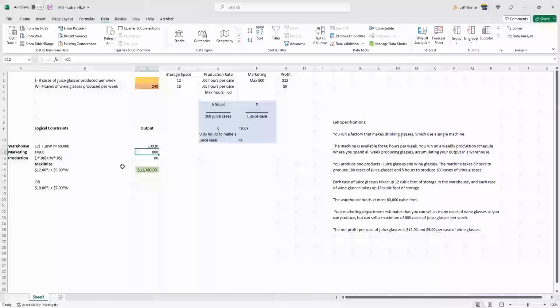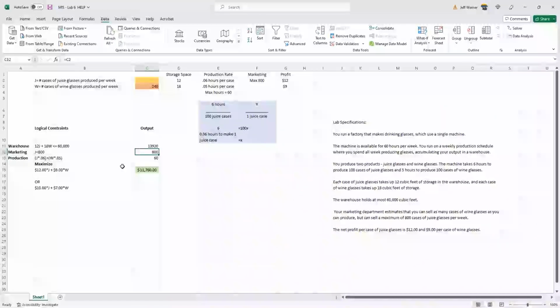And the officer will say to you, well, tell me about your business. Are you making money? What is the maximum profit that you can make out of your business to pay back the loan? And if you went to Penn State and you took this course as a business student, you can say, I'm glad you asked that question, because here is my optimization formula showing the bank that I can maximize $11,760 profit under these constraints.